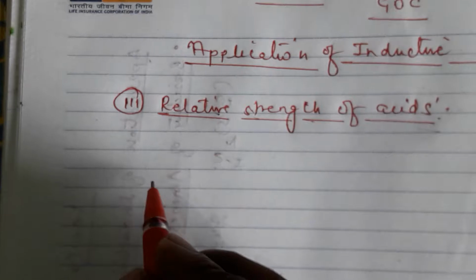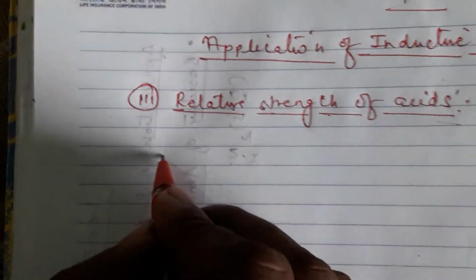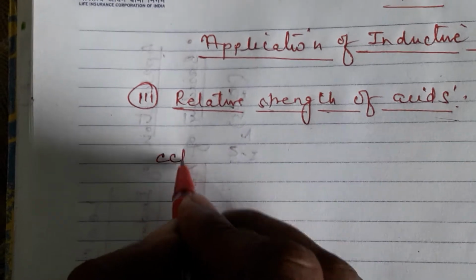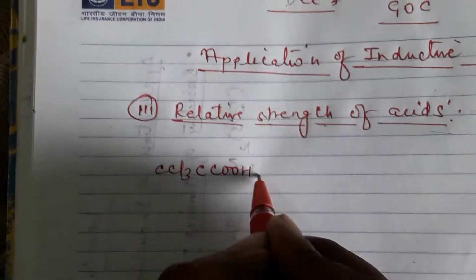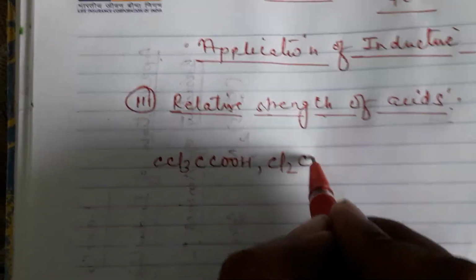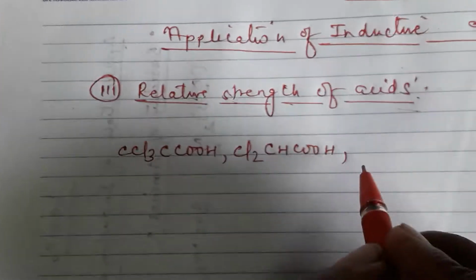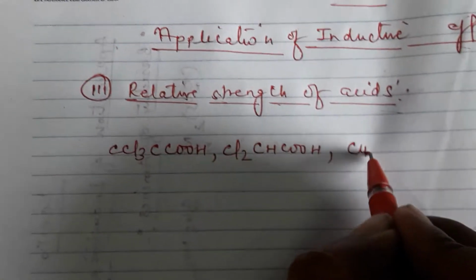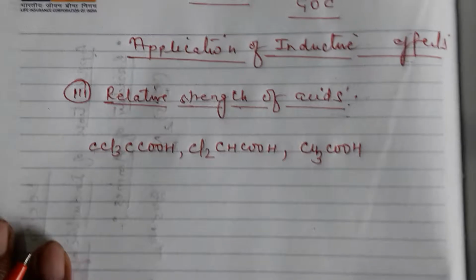First of all, I will draw the structure. Suppose this one: CCl3 COOH.